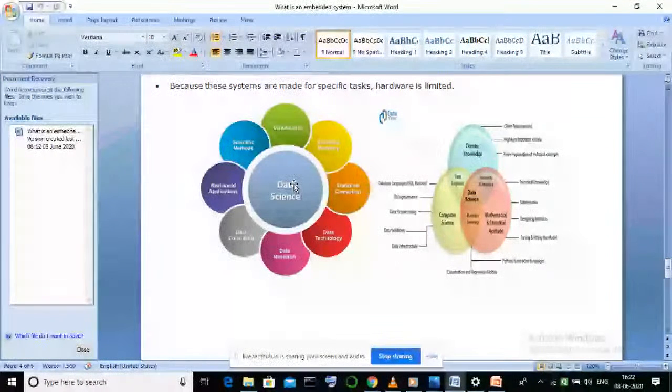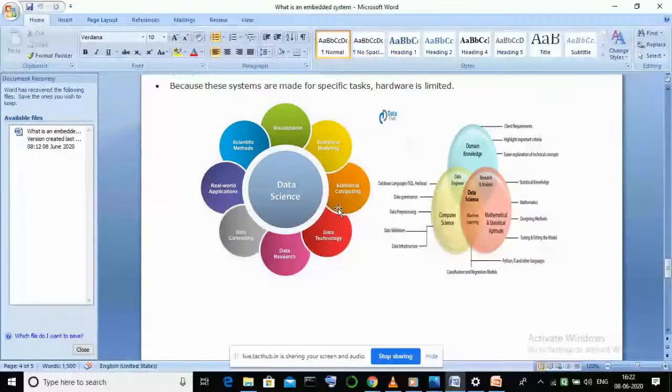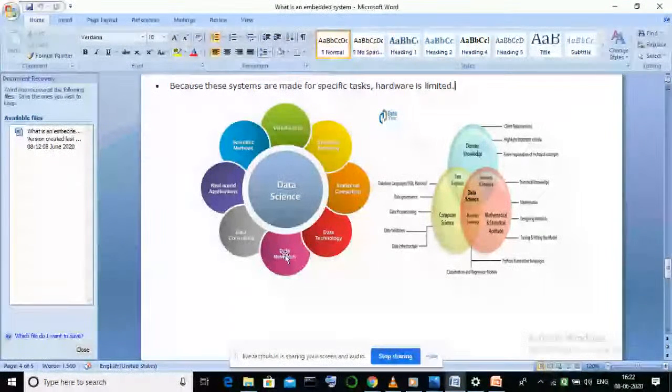In data science, there are various visualizations and statistical modeling. So you can be a statistician, you can have a role. If you are mastering statistical computing, you also have a role. A data researcher, yes, you also have a role.